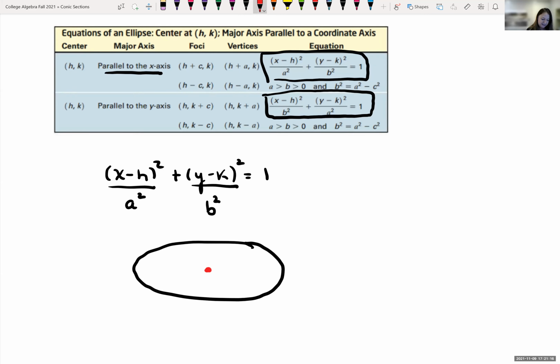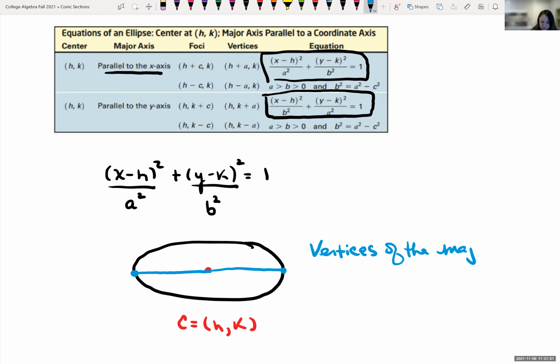So our center is at (h, k). And so these vertices, so it's the major axis going through my center. These are the vertices of the major axis, which are on the ellipse. Well, remember that length I just told you was 2a.